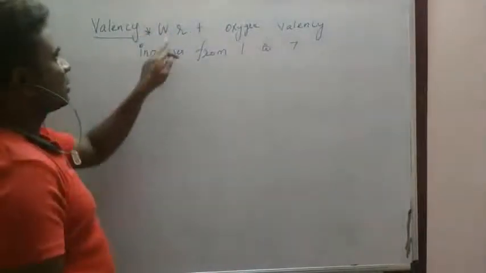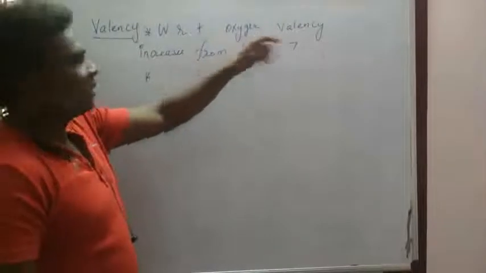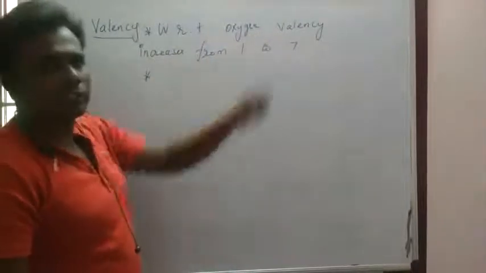So with respect to oxygen, valency increases from 1 to 7.